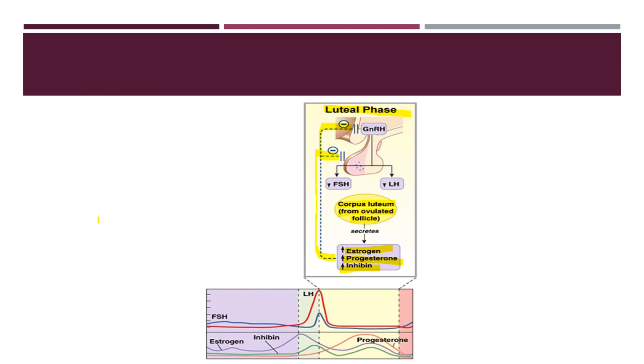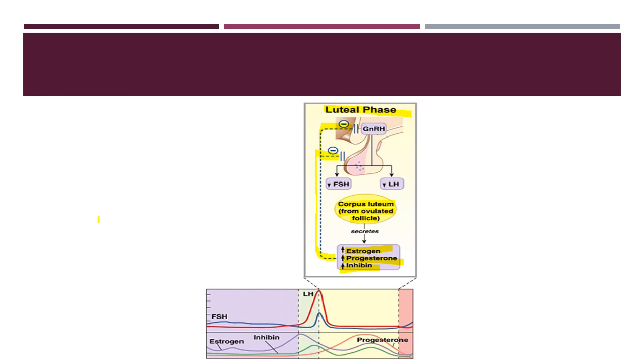So this is a very important characteristic of the luteal phase, which is the inhibition of FSH and LH and gonadotropin releasing hormone by the secreted estrogen, progesterone, and inhibin from the corpus luteum. And this is demonstrated here, as you can see.